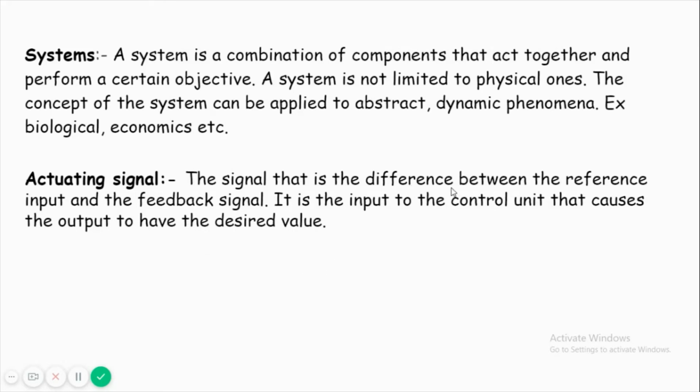The signal that is the difference between reference input and the feedback signal is the input to the control unit that causes the output to have the desired value. So an actuating signal acts as an input to the control units, which again produce the controlling signal to actually actuate the plant so that we get a desired output.